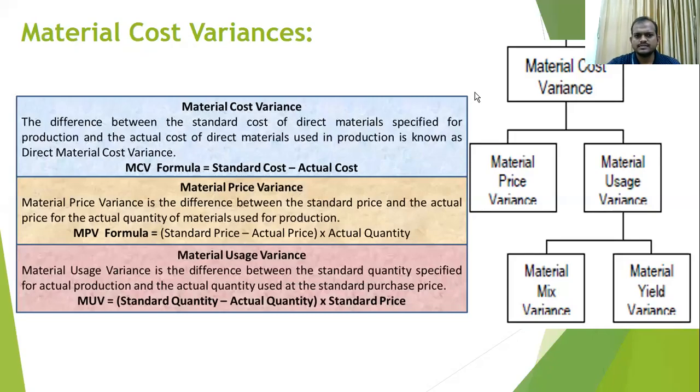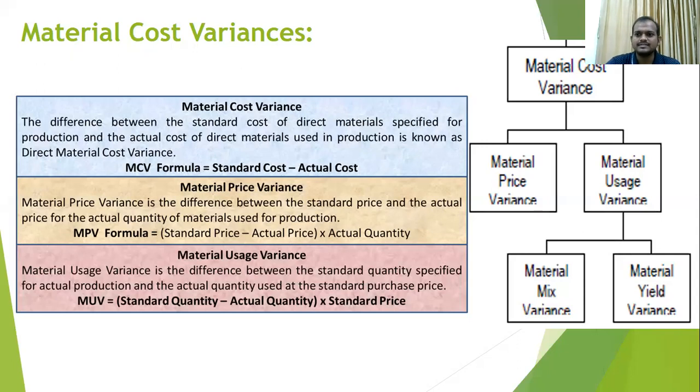Material cost variances: the difference between the standard cost of direct materials specified and the actual cost of direct material used in the production. Initially, experts specify the standard cost, estimated the standard cost, but actuals are different.